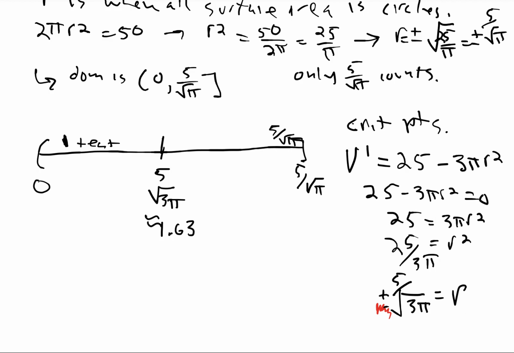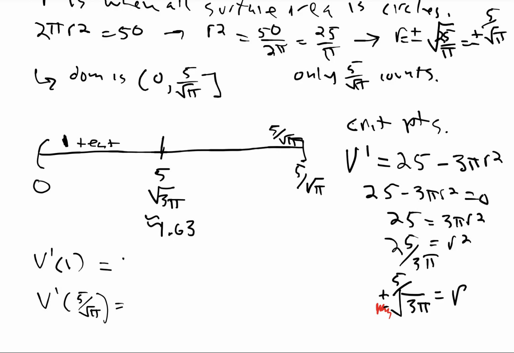Why not? What I do with these is stick them right back in my derivative. So I'll take v prime of 1, and v prime of whatever 5 over root pi is. These have to go into this function, 25 minus 3 pi times r squared.